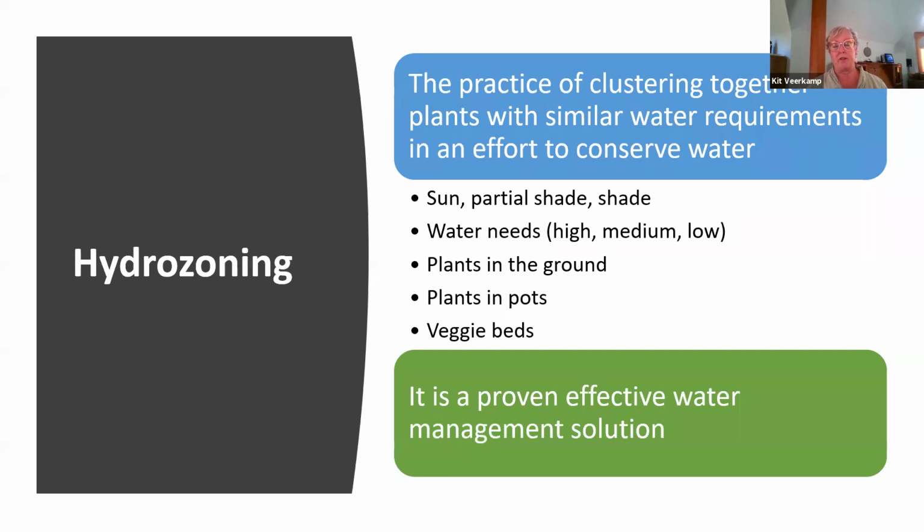Those need to be irrigated separately. And then your vegetable gardens are a whole other zone that should be separated in terms of irrigation from your regular landscaping. Veggie beds usually require far more water. This way you can manage your irrigation far more effectively and save water there.